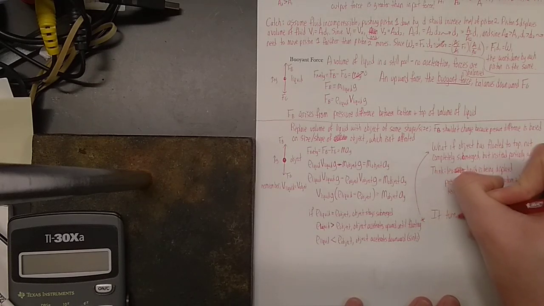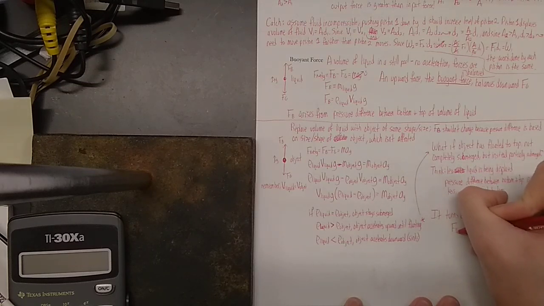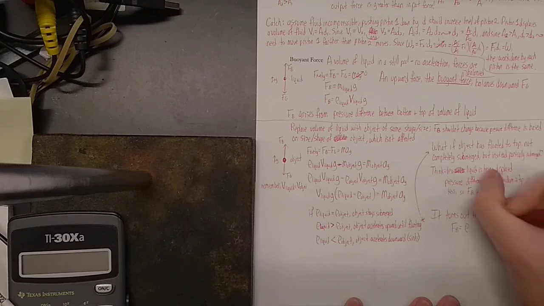Turns out that the actual formula for the buoyant force is as follows. Buoyant force is equal to the density of the liquid multiplied by V displaced times g.